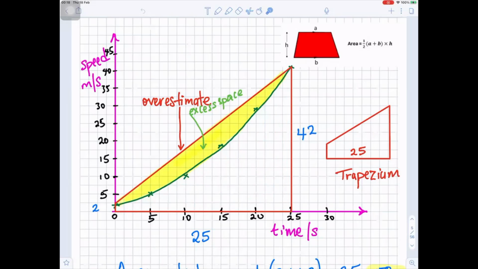So we had to find more. This yellow one is the excess. So we had to find an extra. The yellow one is the extra. So it is an overestimate, because when we draw the trapezium, we didn't draw it underneath. We had the line over. So we had this yellow as the excess, which we had to calculate. There's the yellow there. So that means we had an overestimate.